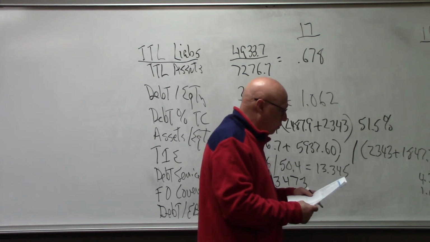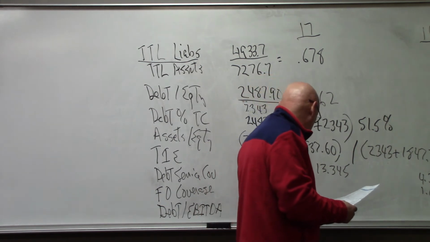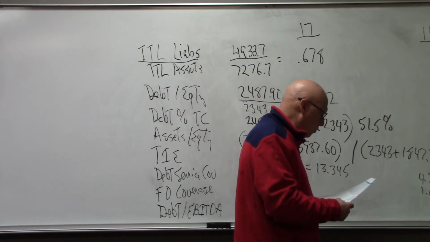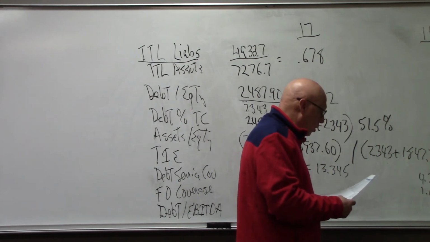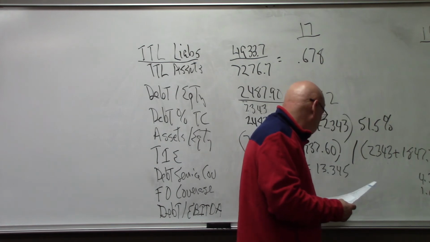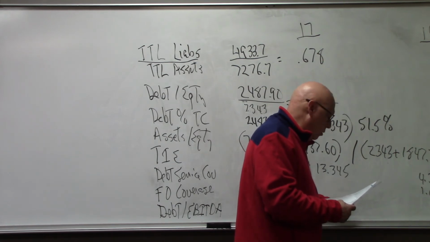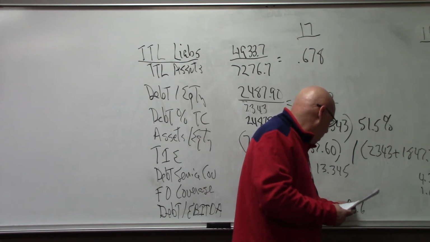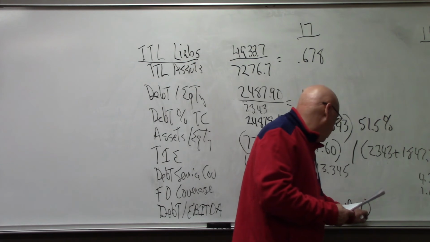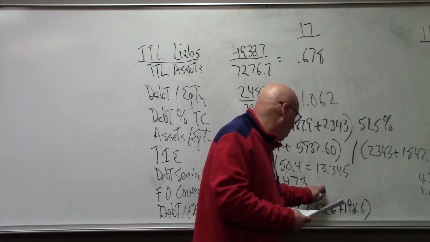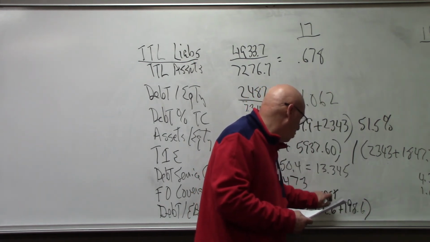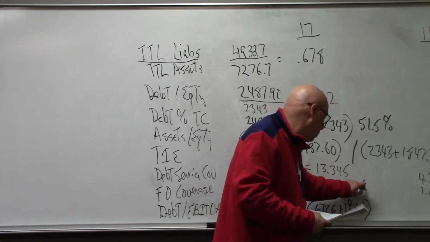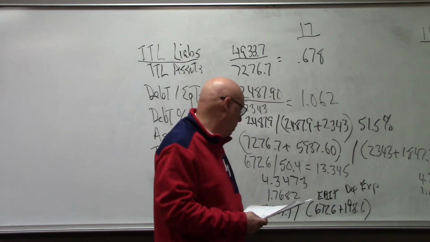Now, EBITDA is 672.6, that's your EBIT, plus your depreciation of 198.6. So this is your EBIT in 2017, and this is your depreciation expense. Okay?